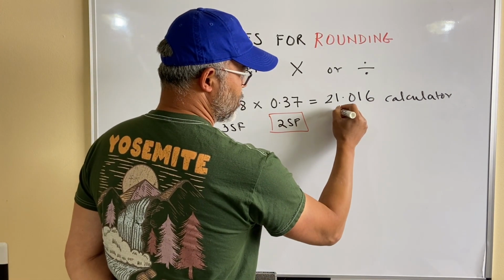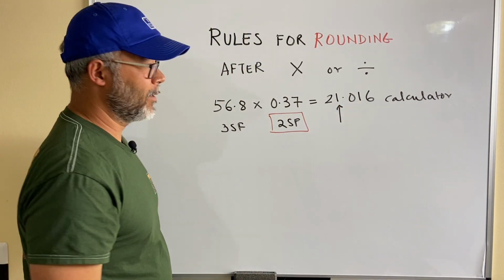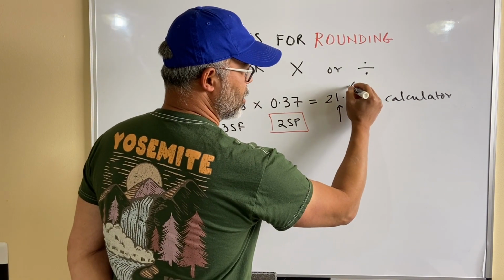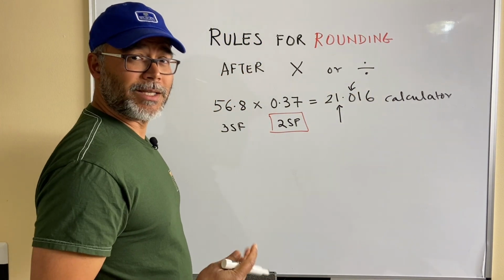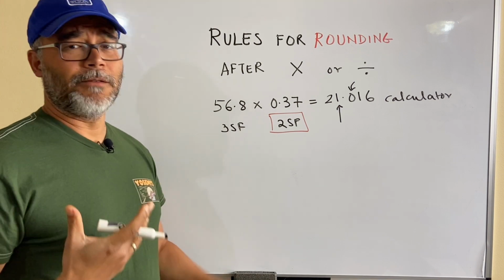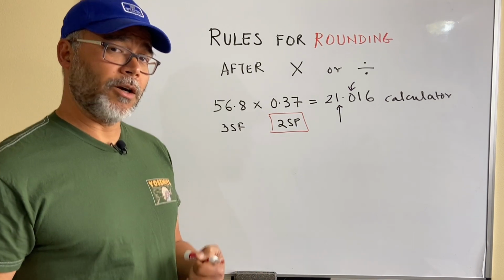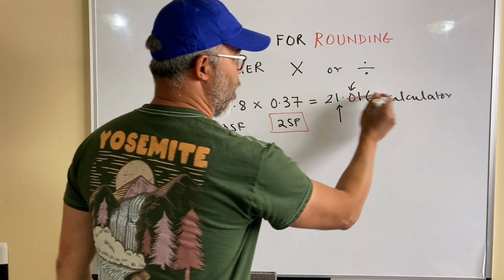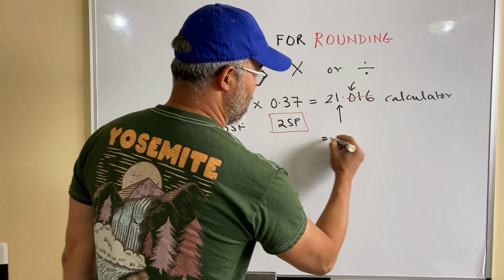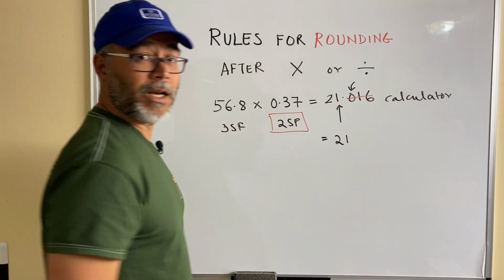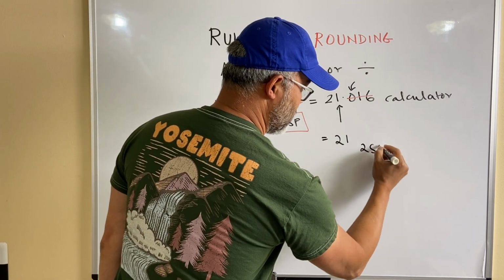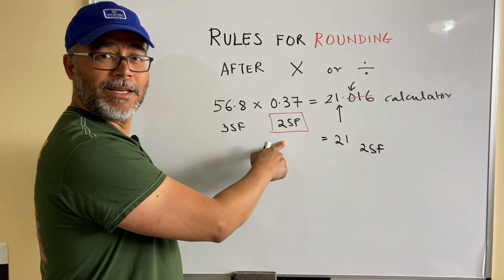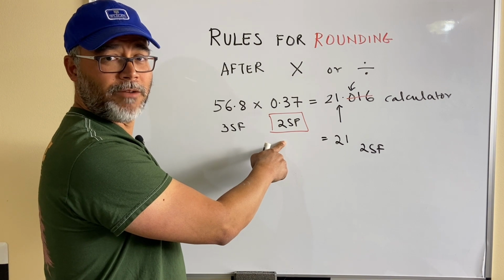Therefore, you have to stop at this digit when rounding, which means you look at the next digit over and make a decision. Is it 5 or greater, or less than 5? In this case, it's less than 5, so we drop all of that, and the answer is 21, with 2 significant figures, the same as the number with the least number of significant figures.